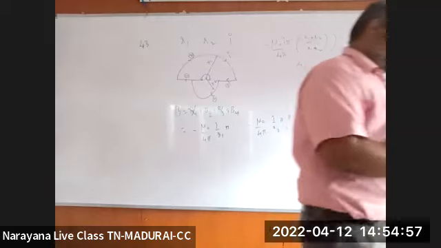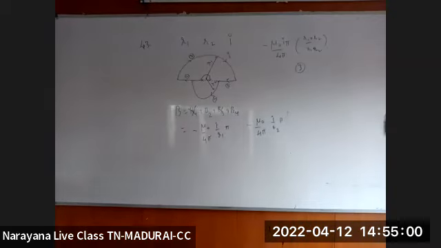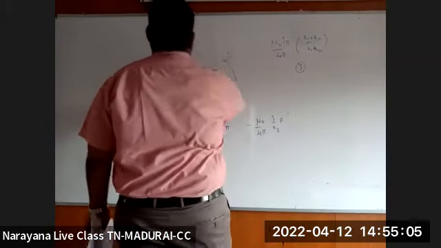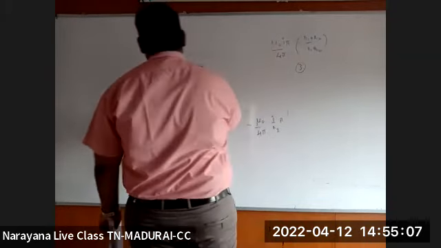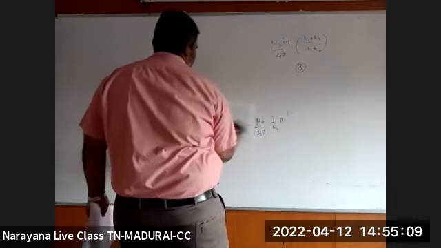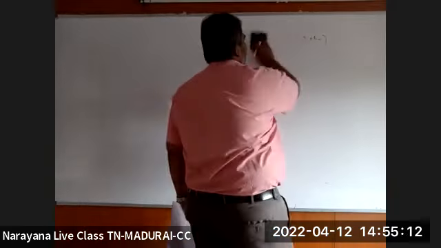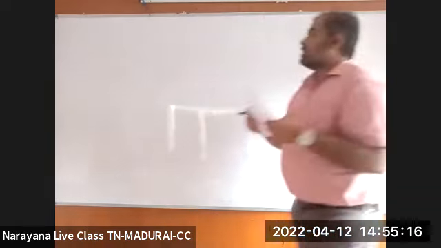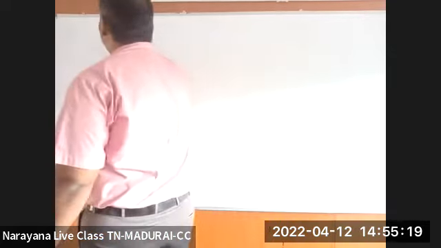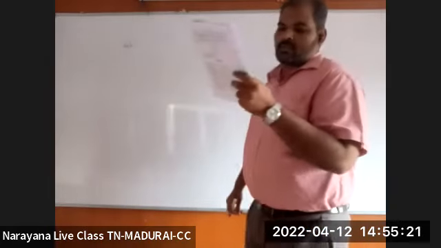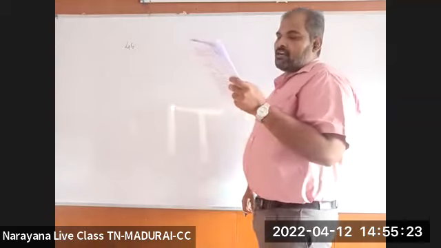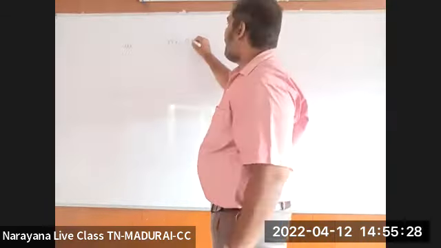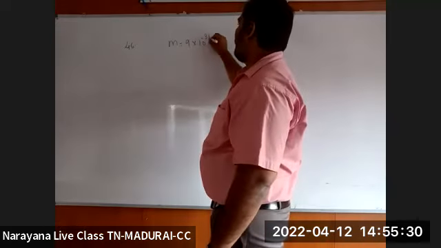Question number 46. An electron of mass 9 into 10 power minus 31 kilogram is given.